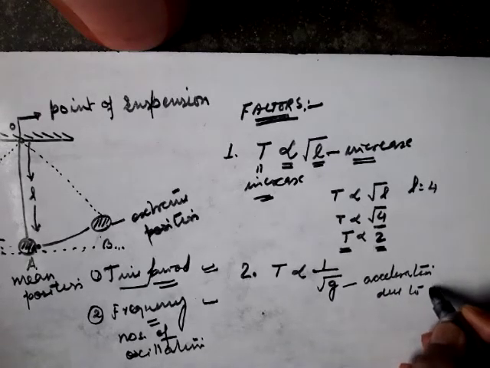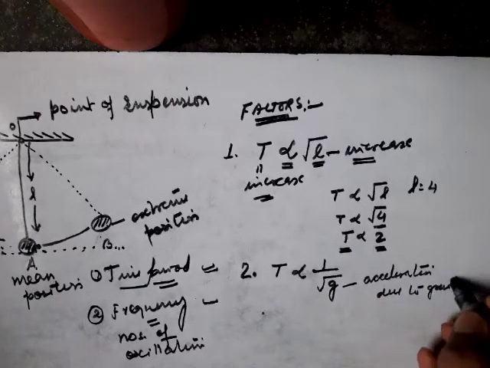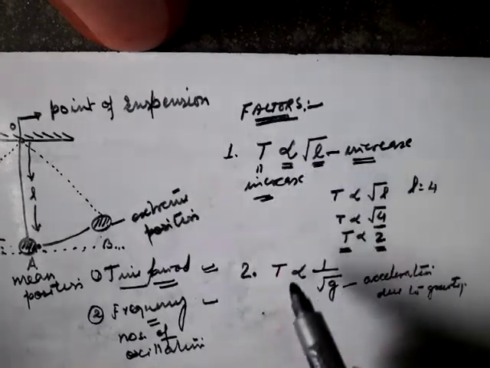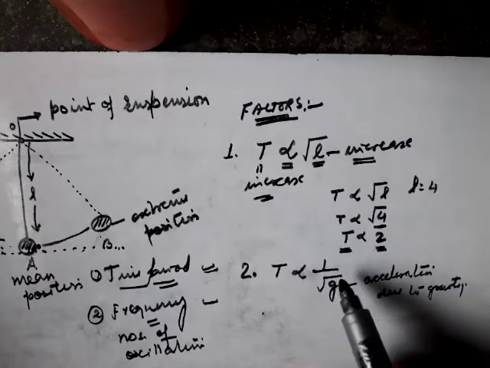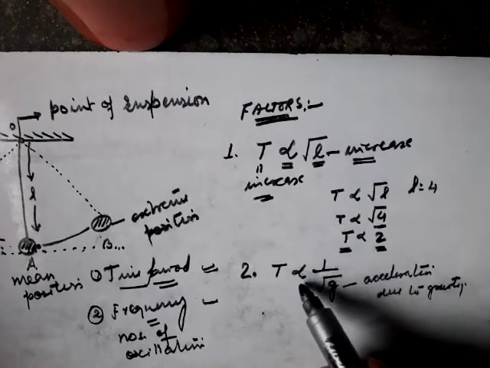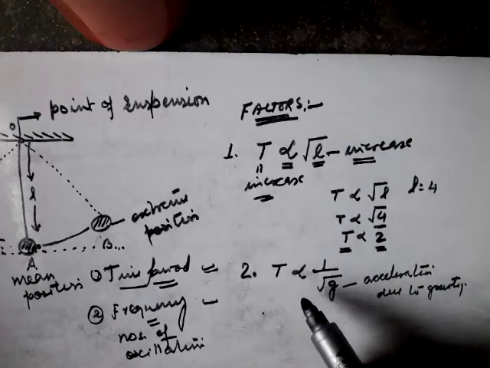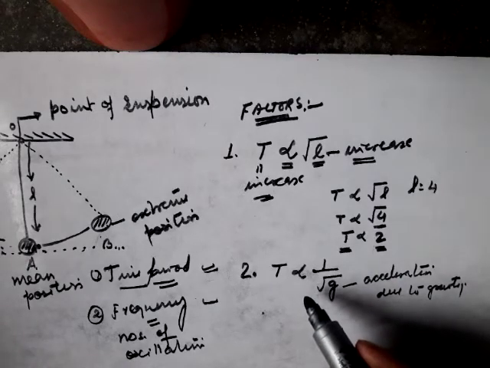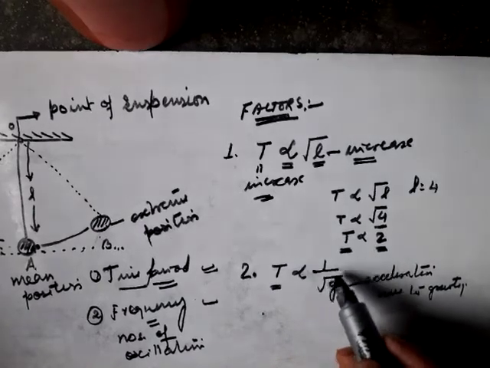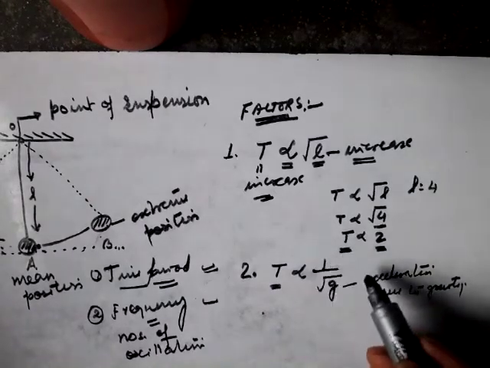The first one is this condition. The second one is T is inversely proportional, meaning 1 upon. I am repeating again and again that the time period of any simple pendulum is inversely proportional, meaning 1 upon.